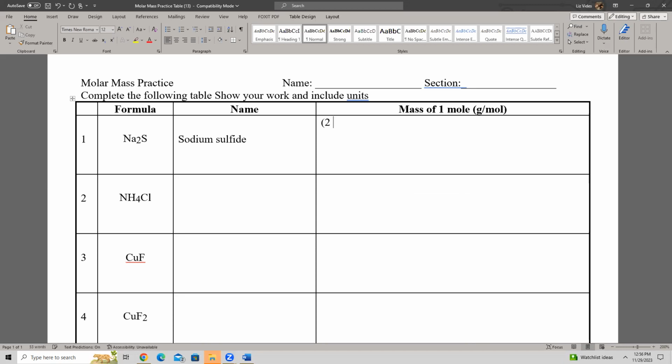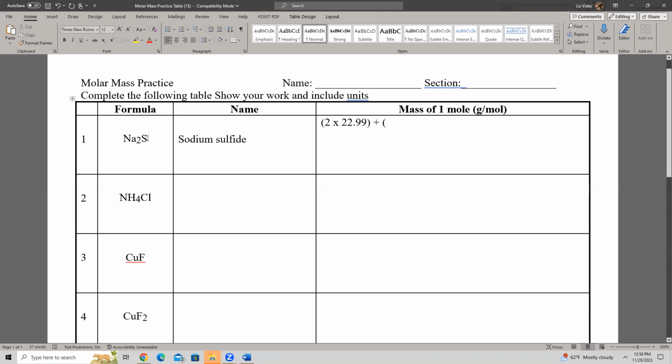And if you look at the periodic table, what is the mass for sodium? Do you have one handy? Oh no, it's 22.98. Okay, so look, I'm multiplying it, right? Because there are two atoms of it, and every mole of sodium weighs this much.